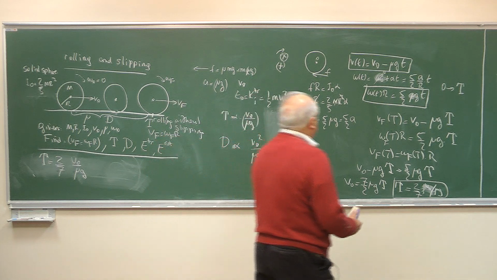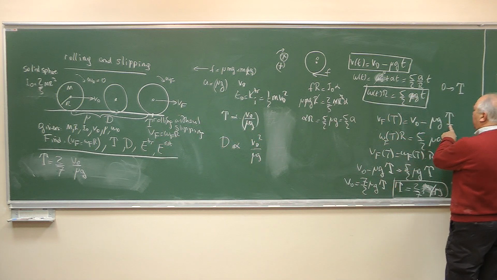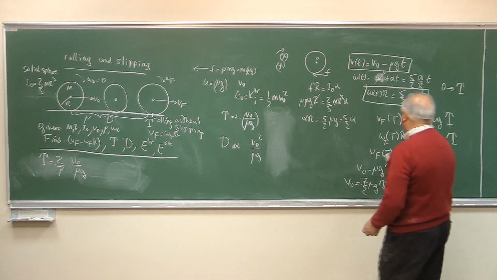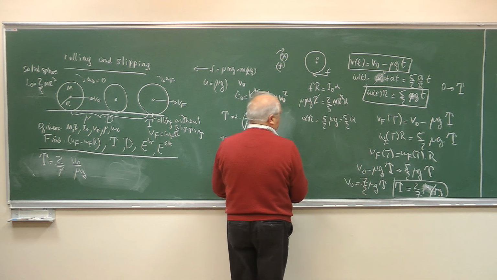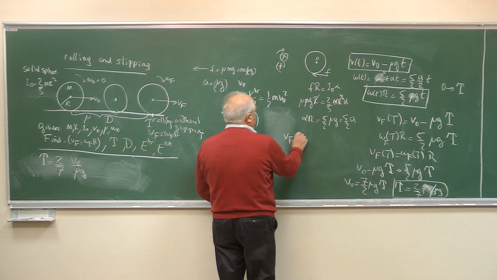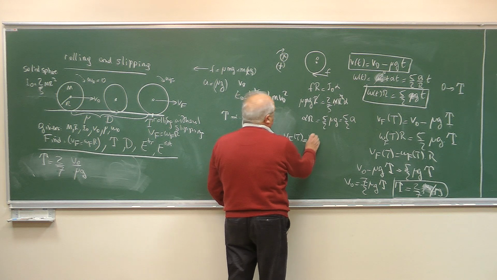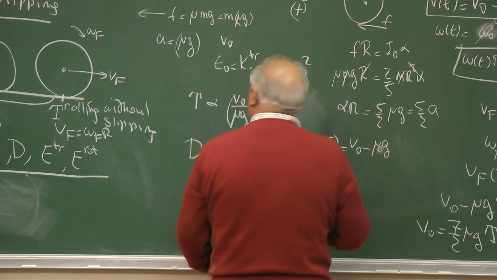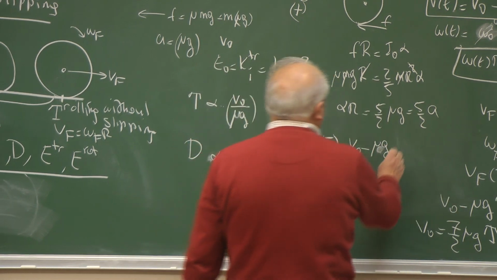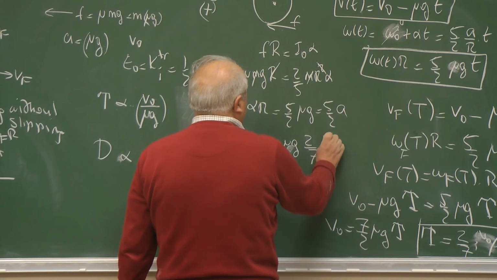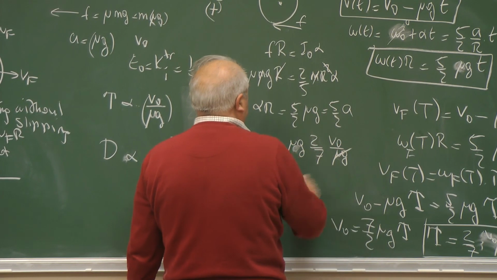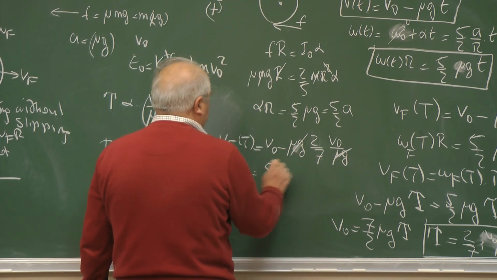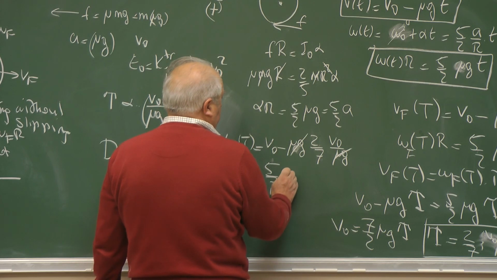So to find vf, we now know t, so we just put in. I'm erasing, or I can do it here. Vf t is equal to v0 minus mu g times t. T is 2 over 7 v0 over mu g. So 7 over 7 minus 2 over 7, that's 5 over 7 v0.